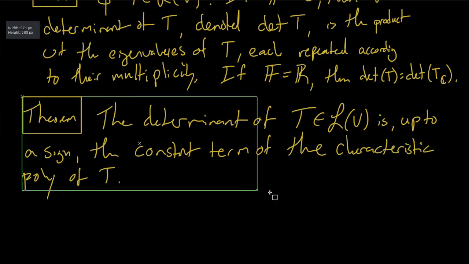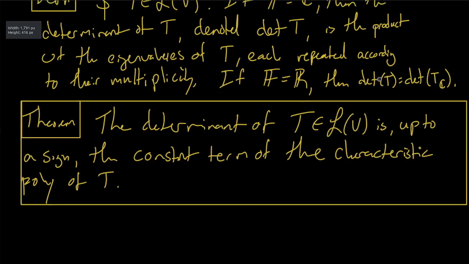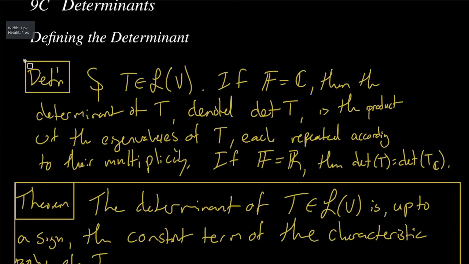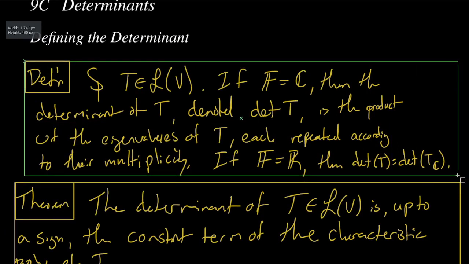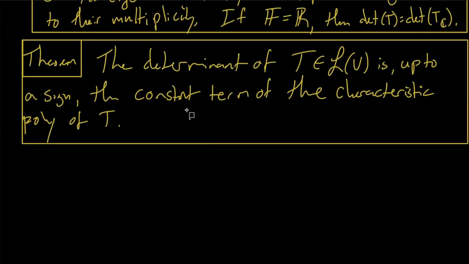That's a pretty good theorem, isn't it? So up to a sign, it's the constant term of the characteristic polynomial. We box these since I've been boxing theorems anyway.